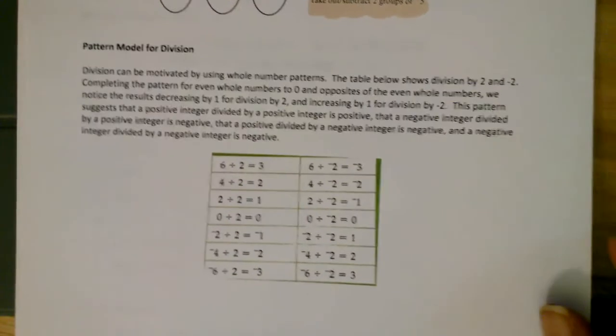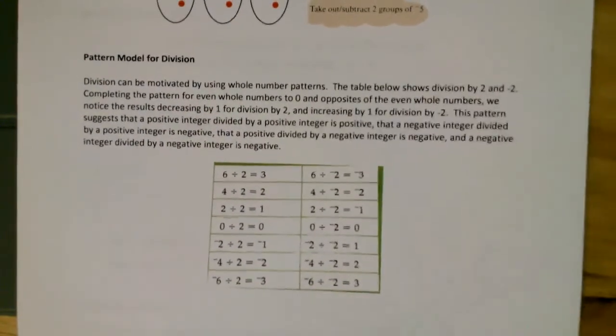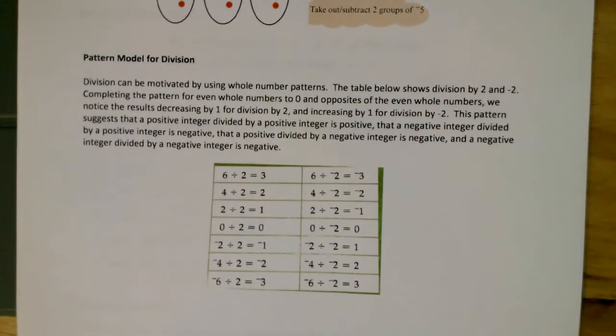All right, now for the pattern model for division. Division can be motivated by using whole number patterns. The table below shows division by 2 and -2. Completing the pattern for even whole numbers to 0 and opposites of the even whole numbers, we notice the results decrease by 1 for division by 2 and increase by 1 for division by -2.